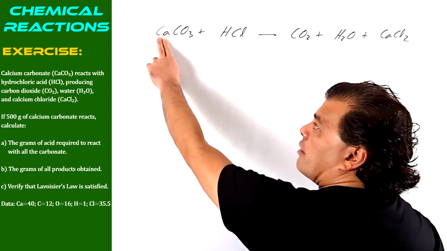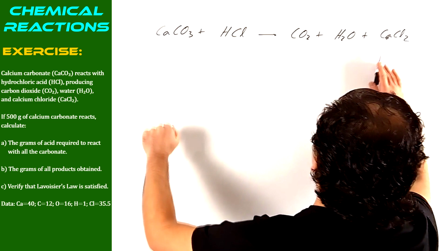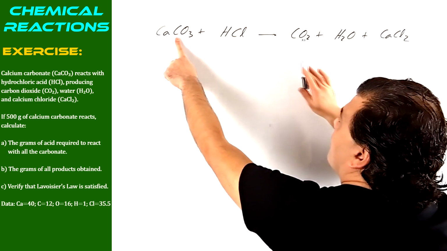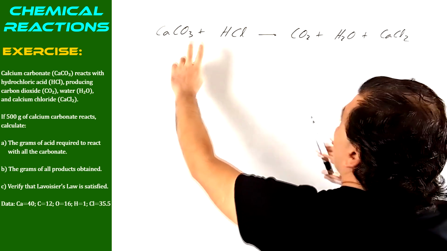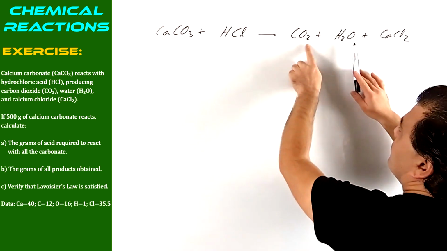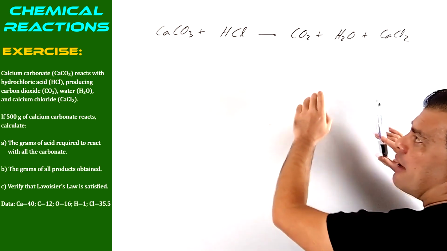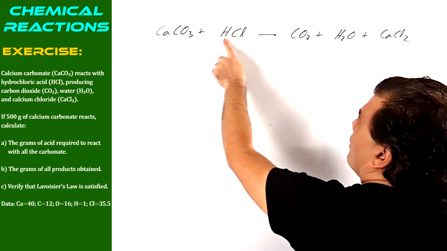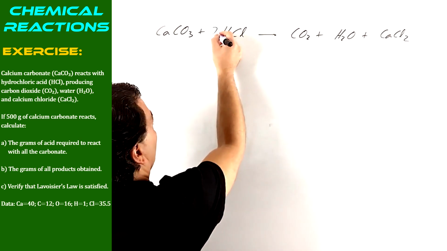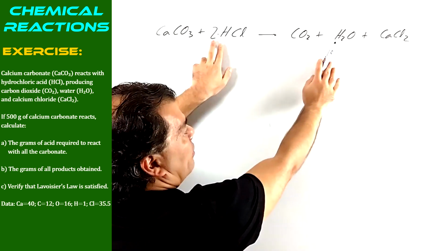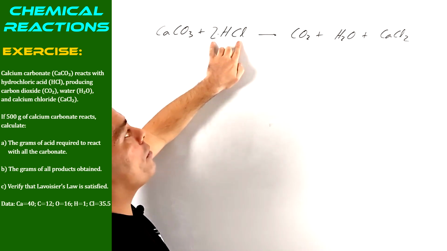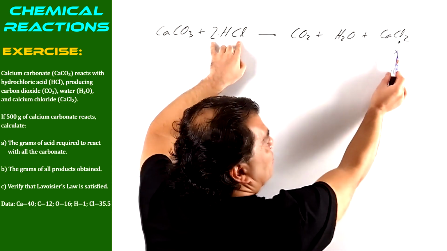Well, one calcium atom on the left, also one calcium atom on the right. One carbon atom on the left, and also one on the right. 3 oxygen atoms on the left, and 2 plus 1, 3 oxygen atoms on the right. 1 hydrogen atom on the left, but 2 on the right. So let's place here number 2. And we have already the number of hydrogen atoms balanced, and also the number of chlorine atoms on both sides.